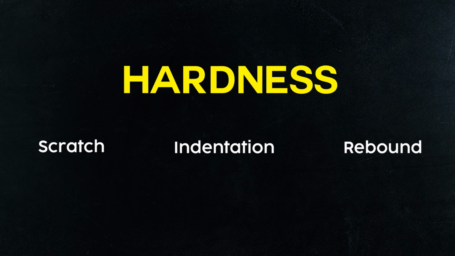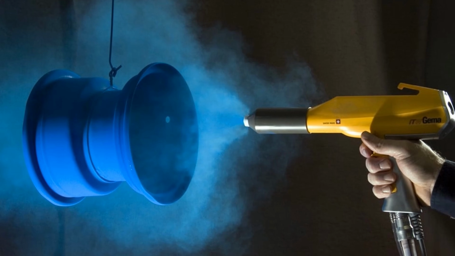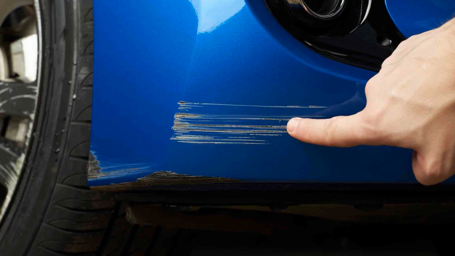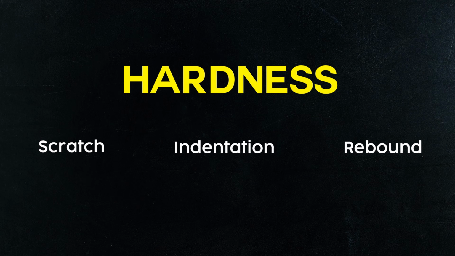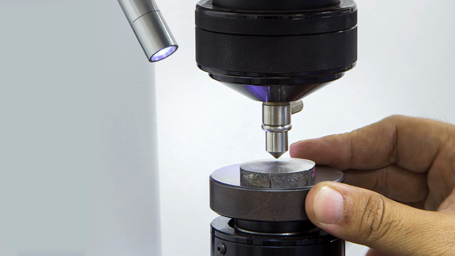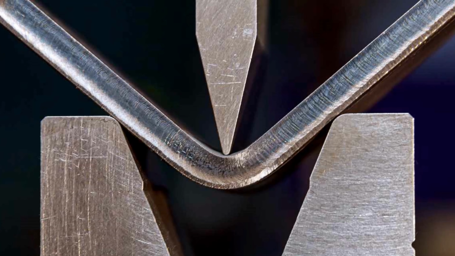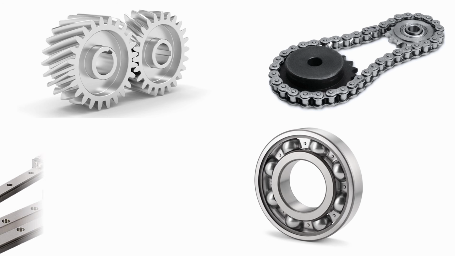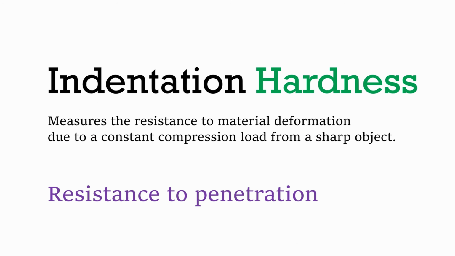Scratch hardness is mainly used in the coating and surface treatment industry to check the life of a coating against abrasion. Indentation hardness is primarily used for general engineering purposes such as tooling like bending tools, drills, cutters, gear components, chains, sprockets, bearings, guide rails. Indentation hardness measures the resistance against penetration and permanent deformation.